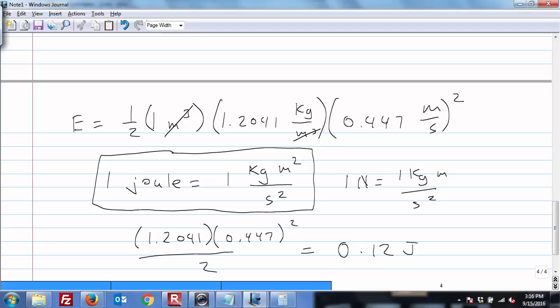Not much energy. Tiny. And that's what you'd expect. It's moving very slowly, and so the answer works out.